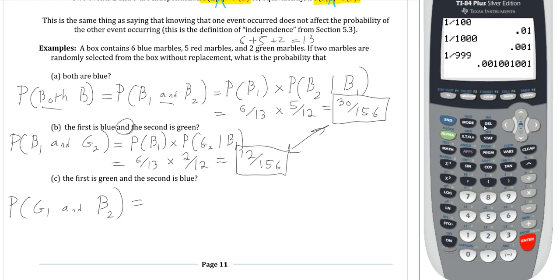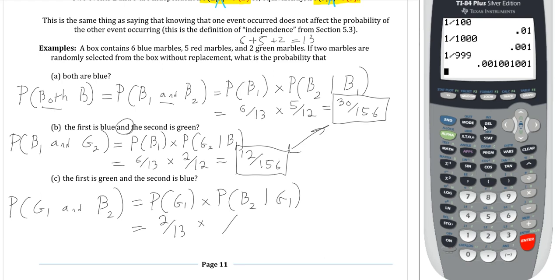Okay. So this is going to be the probability that the first marble is green times the probability that the second marble is blue, given that the first marble I selected was green. Well, the probability of the first marble being green is 2 out of 13. There are 2 green marbles out of the total 13.